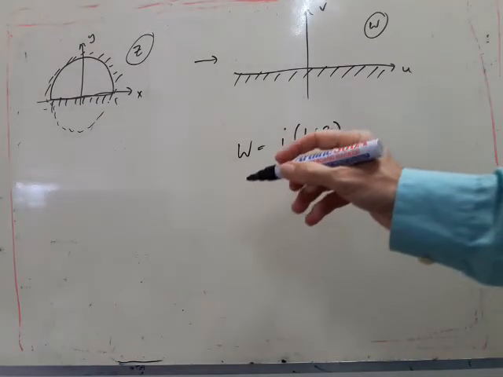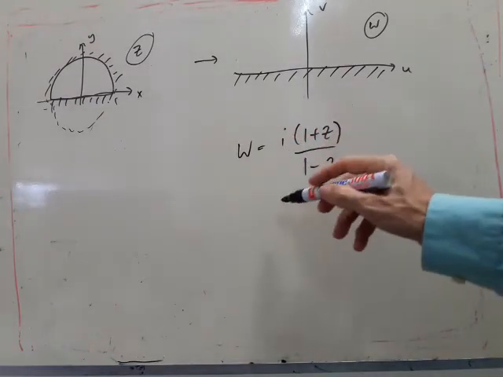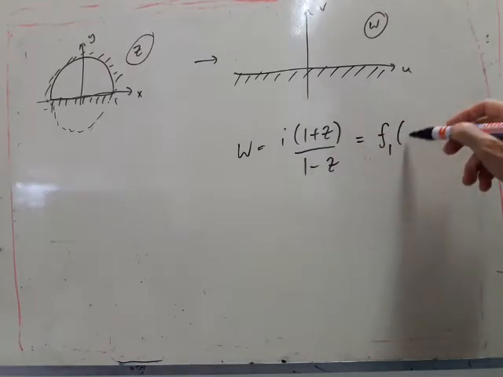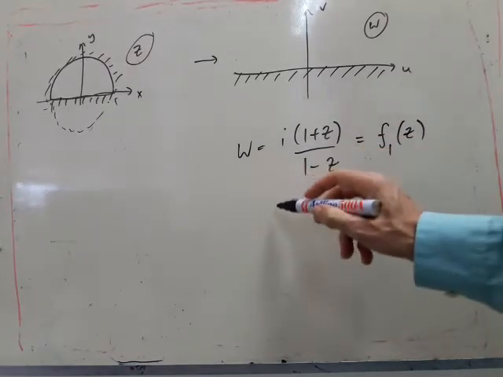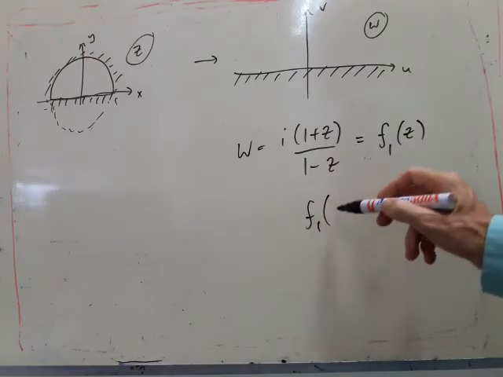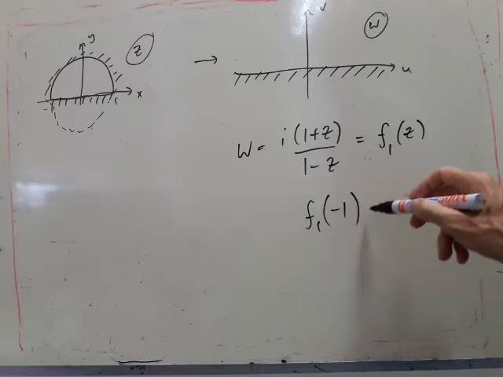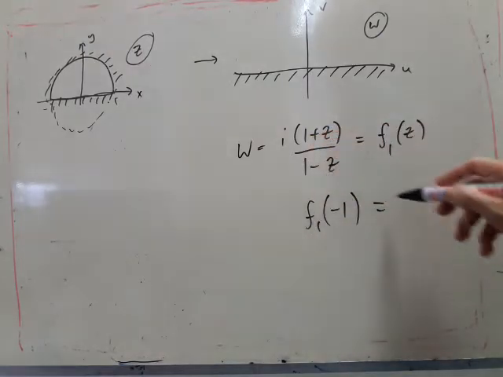So let's consider this mapping. Let's call this F1 of Z. So F1 of minus 1 gives you 0.